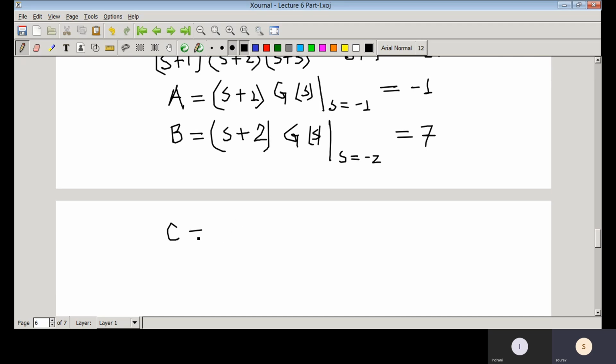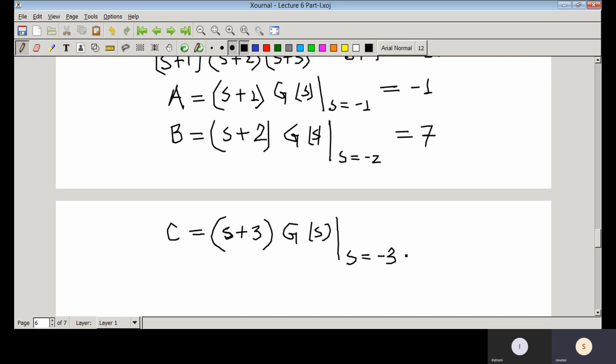so C would be s plus 3 into G(s), and you find it at s equal to -3.